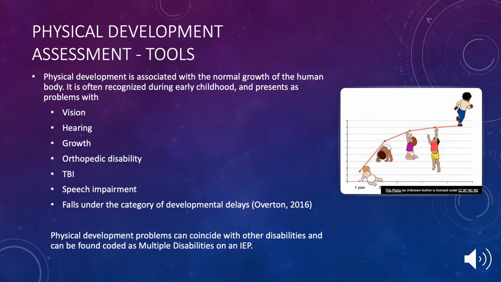And these are assessed early on usually. It is noteworthy that physical developmental problems can coincide with other disabilities, so you might see them coded as multiple disabilities on their IEP if they have one already.